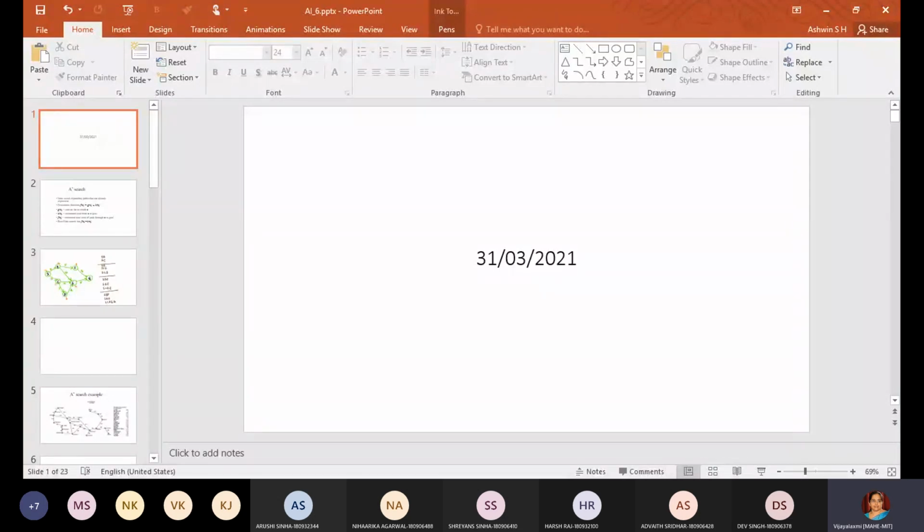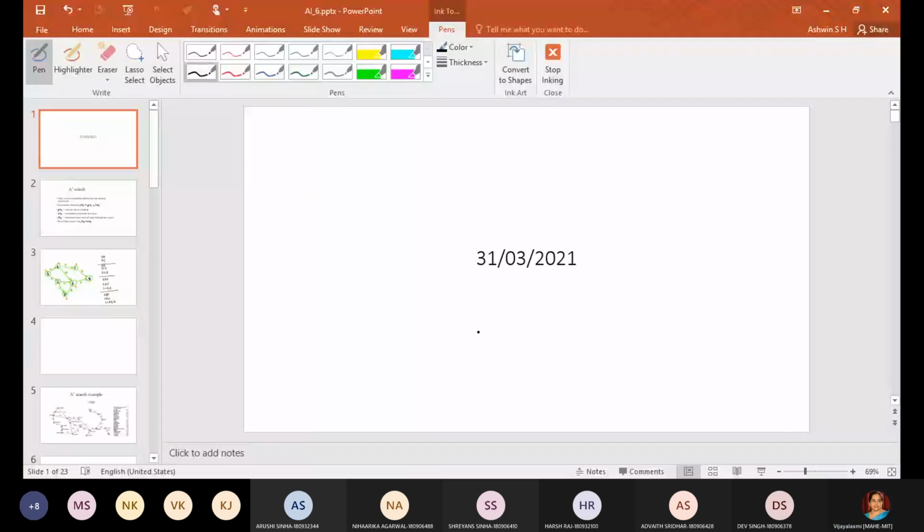Okay, today's class we will discuss some other algorithms based on heuristics, especially the A star algorithm, then the AO star algorithm.